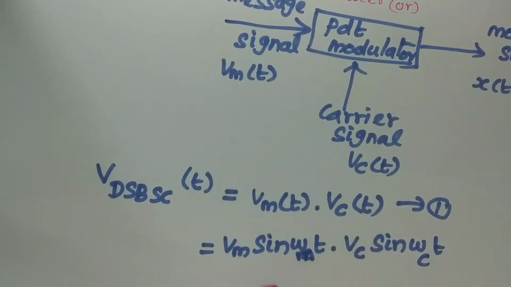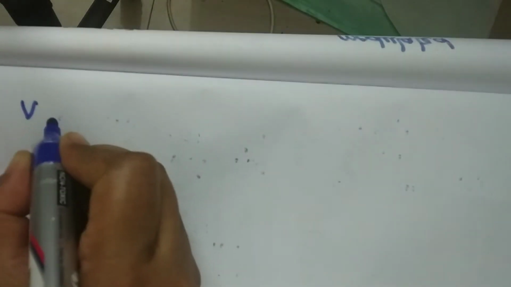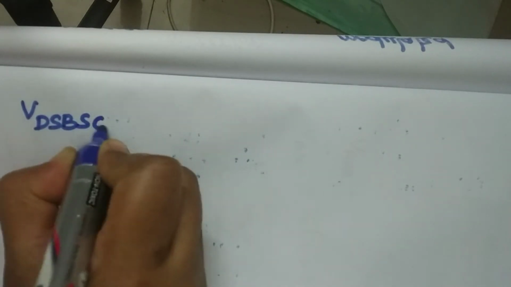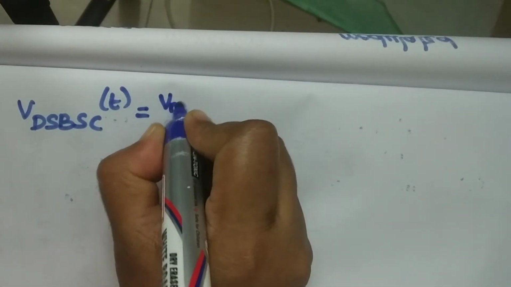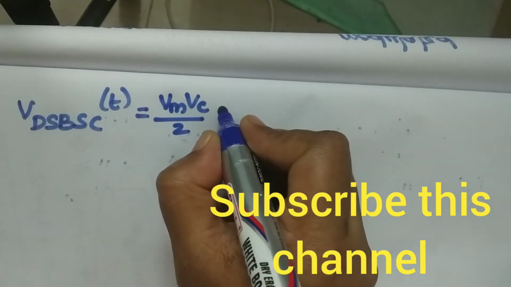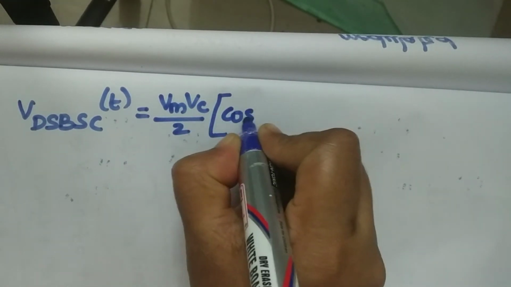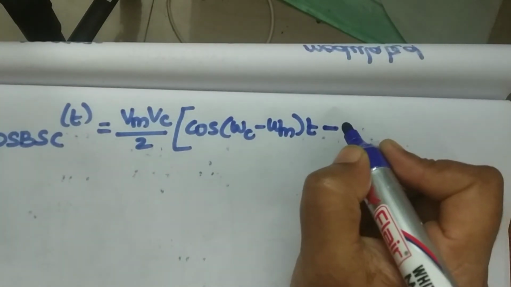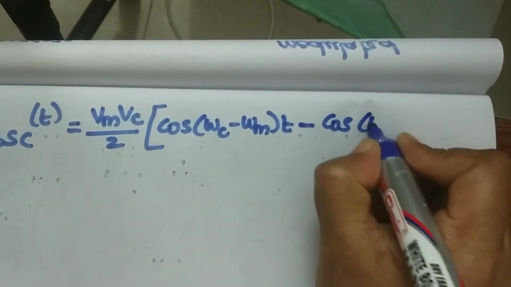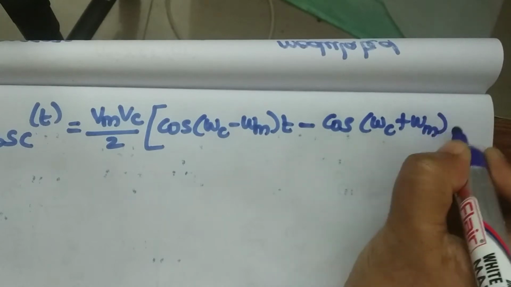We know that Vm of t is Vm sin omega m t, and Vc of t is Vc sin omega c t. Therefore, the double sideband suppressed carrier modulated signal is Vm Vc by 2 into cos of omega c minus omega m into t minus cos of omega c plus omega m into t.